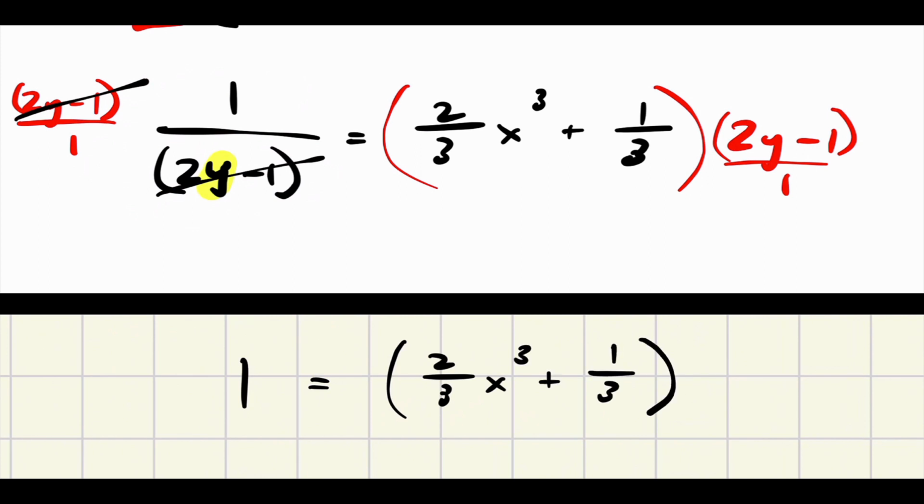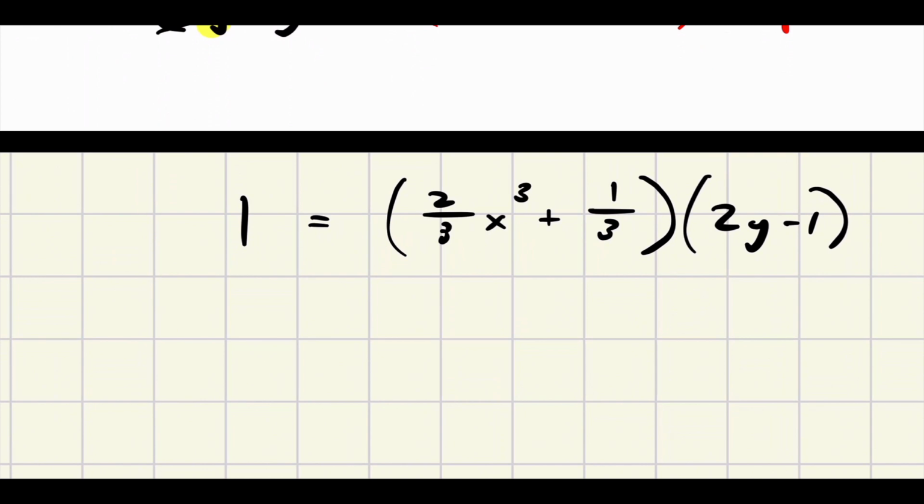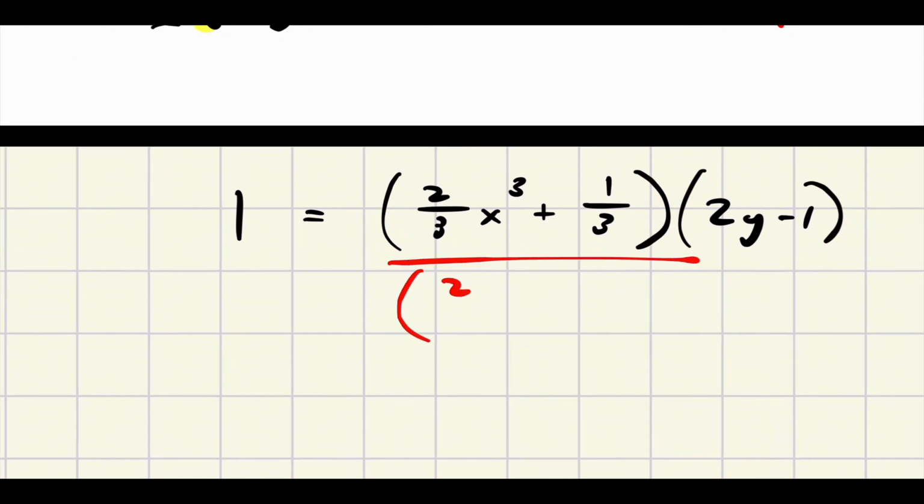There you go. So now I'm happy that 2y minus 1 is no longer underneath a fraction. I like that. So now I'm happy with this stuff over here because it's not underneath a fraction. Since this is being multiplied times this, divide by what I don't want. What I don't want is this stuff over here.